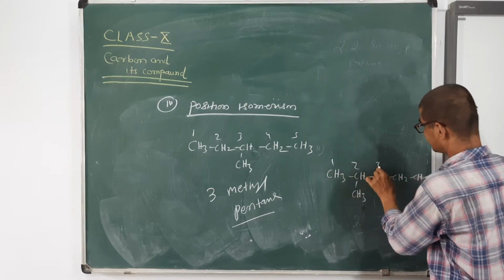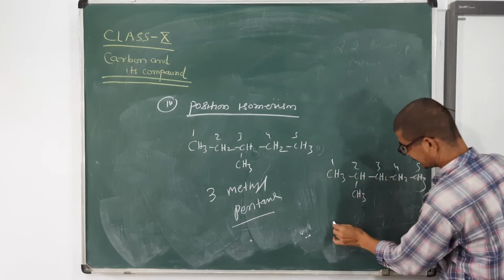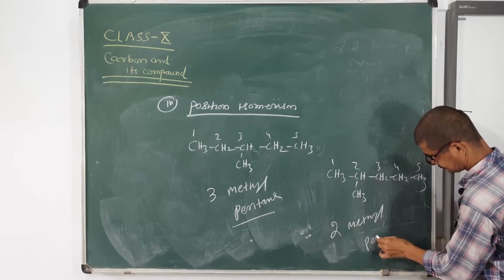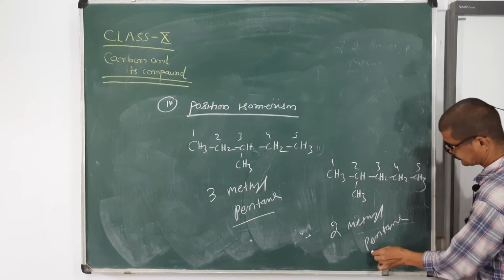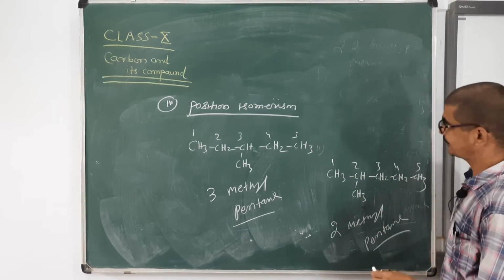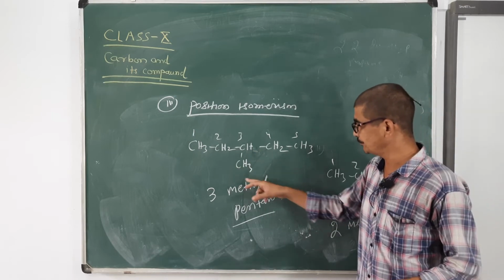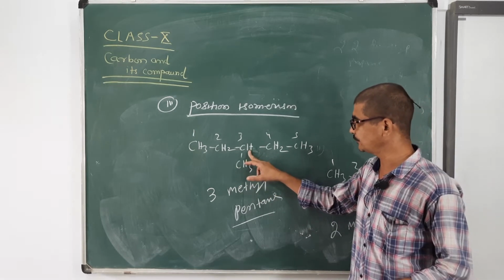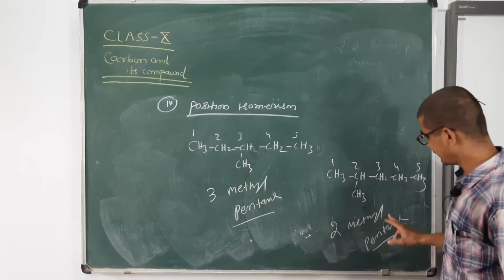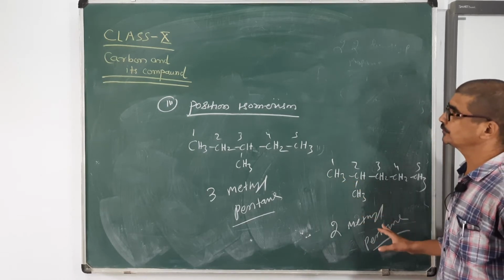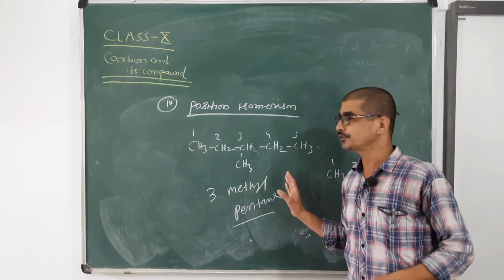This is called 2-methyl pentane. So the positions are different. Here the position of the methyl group is at carbon 3, but in this case the position of the methyl group is at carbon 2. So this is an example of position isomerism.